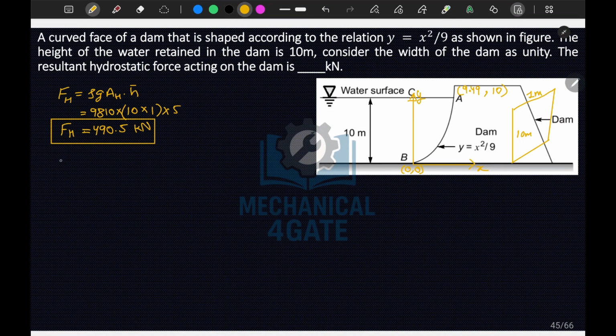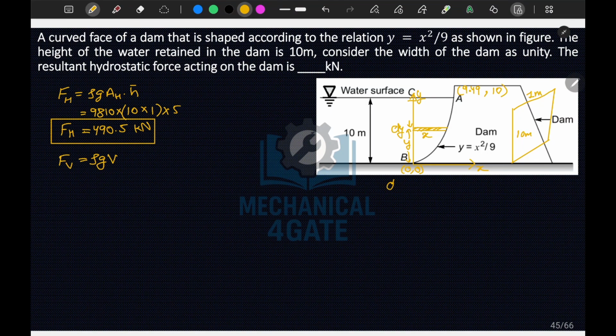Now if I want to find my FV, so FV will be rho g V. Now to calculate the volume, we have to first calculate the area. Okay, so let's say that we have considered a strip at this point. Here our width will be x, at a distance y from the base, and this strip has thickness of dy.